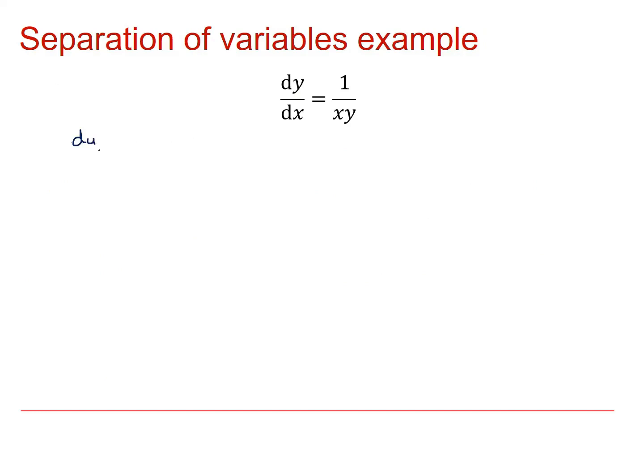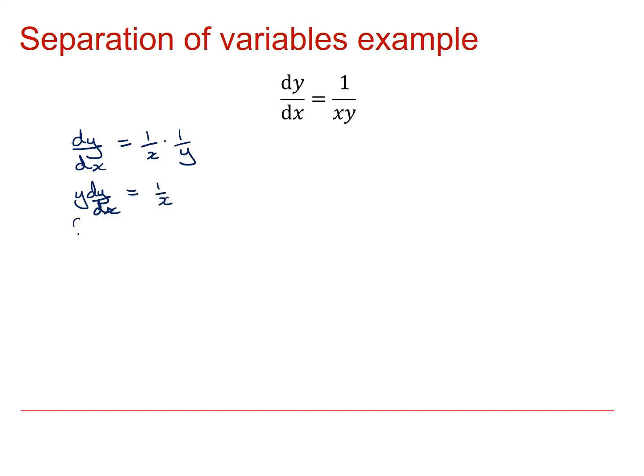The first thing to do is to write it as a product, so that's going to be 1 over x times 1 over y. And then I'm going to multiply through by y to give me that y dy by dx is equal to 1 over x.